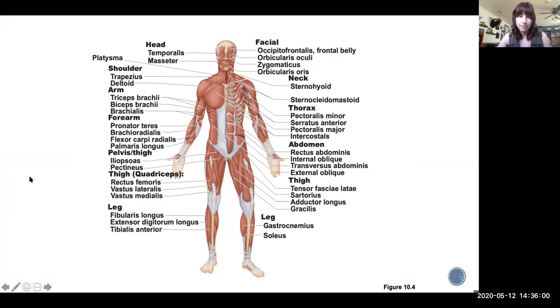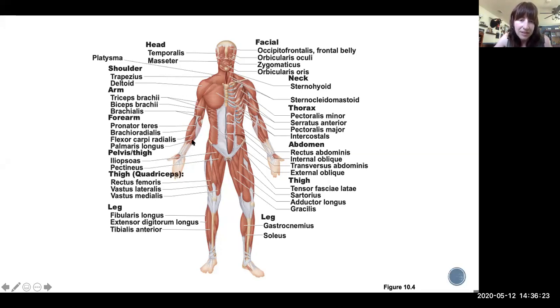Nope. Okay. But it's going to be the one in the middle, okay? So your Flexor Carpi radialis is the one in the middle on the anterior side of your lower forearm, your lower arm, okay?